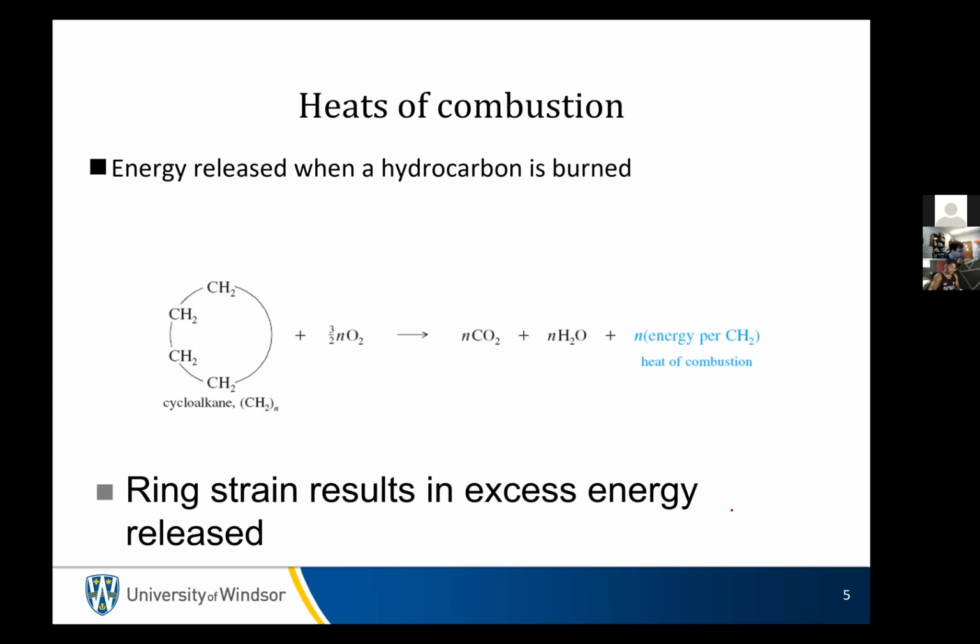And so what you should see is whenever you burn a hydrocarbon, there's a pretty simple math to how much energy is produced. You put carbon and hydrogen in, you add oxygen, you get water and carbon dioxide out, plus a certain amount of energy. And we can measure the amount of energy, and then divide it to get the amount of energy per CH2.